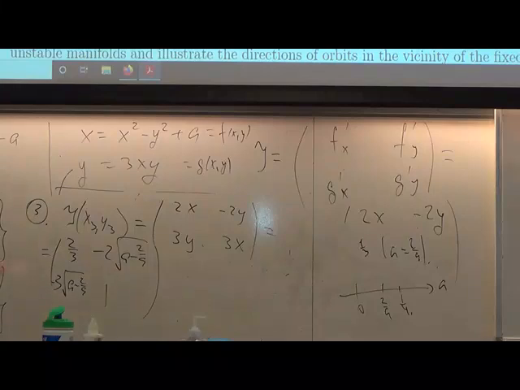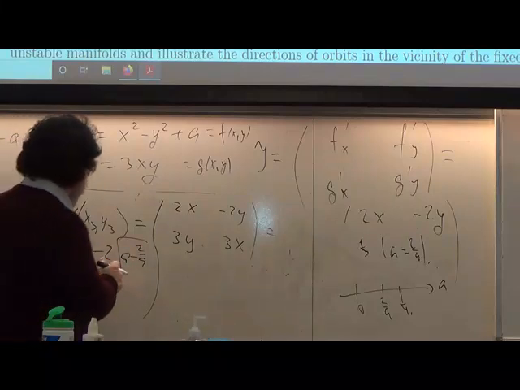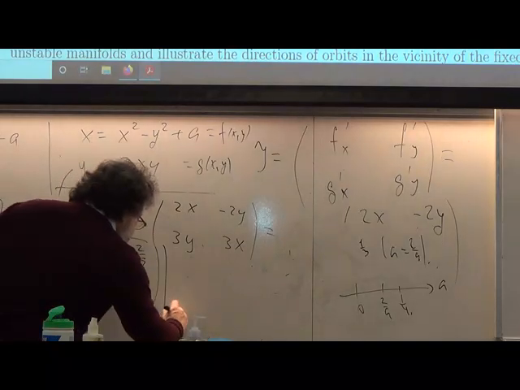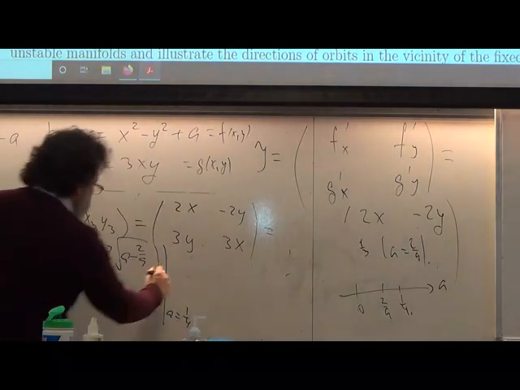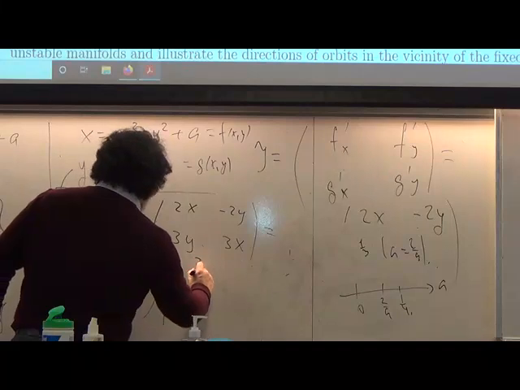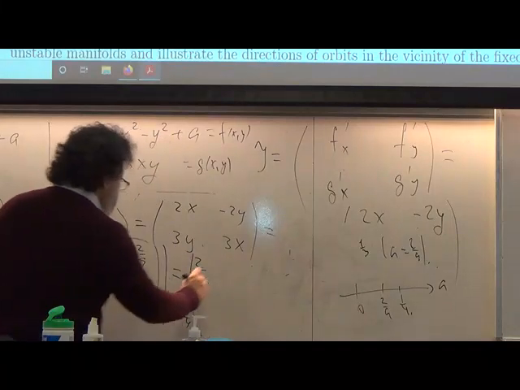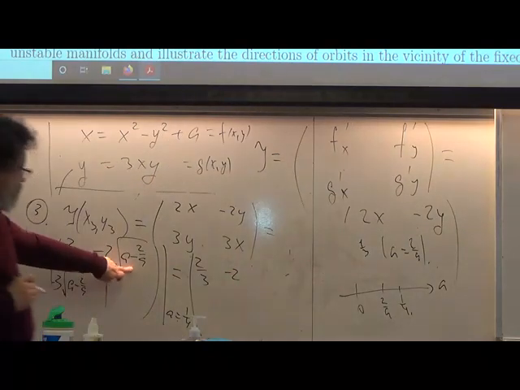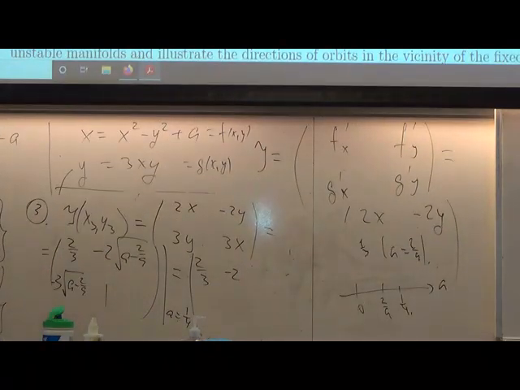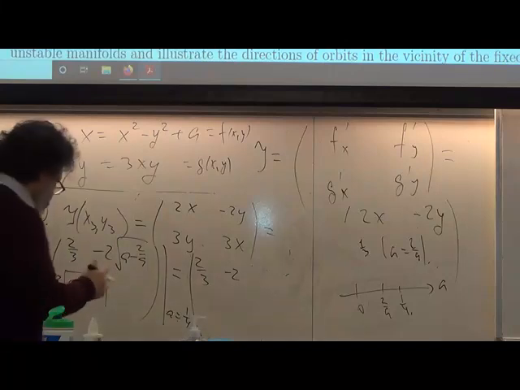If a is a quarter, let's say, then this will be 2 over 3 minus 2 times the root of 1 over 8 minus 2 over 9. 9 minus 8, 1. 1. This is something.